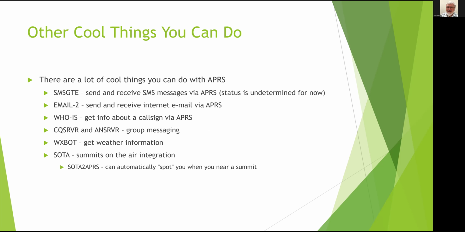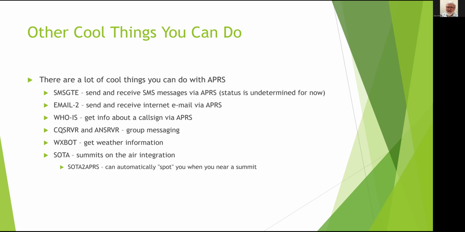So lots of cool things you can do with APRS thanks to APRS-IS. SMS Gate has some legal issues, and my understanding is that it's currently offline, kind of. It's offline for general use, but there are special cases where you can make it work.